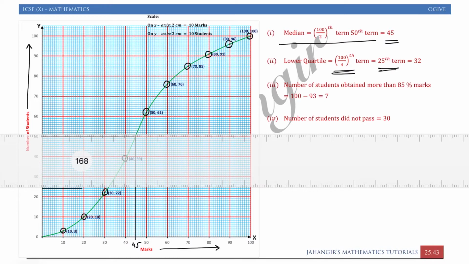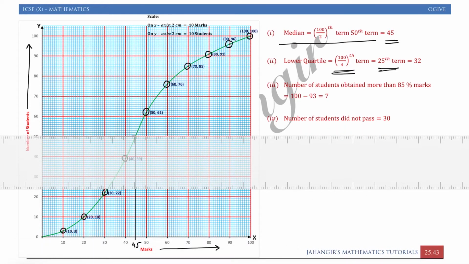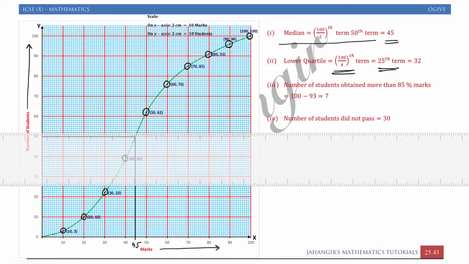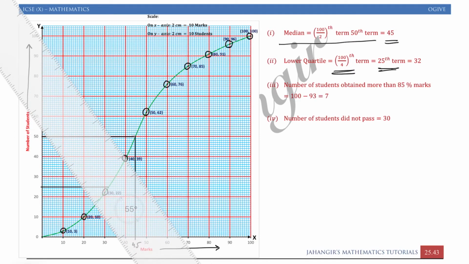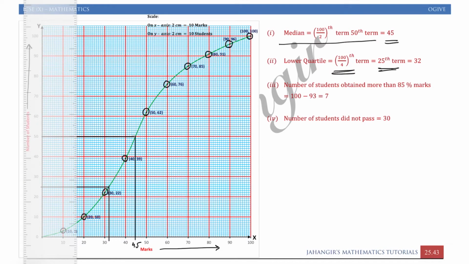Median and quartiles are always taken from the y-axis. So let us draw. That will become 32.